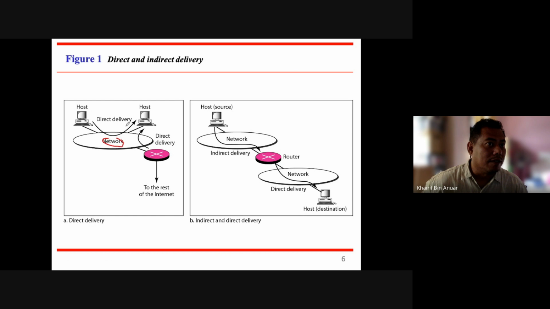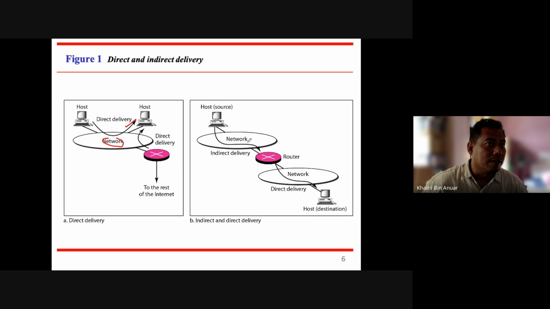Also here between the routers, because this router is connected physically, it is a direct delivery. Then from this router going out, it will be indirect.